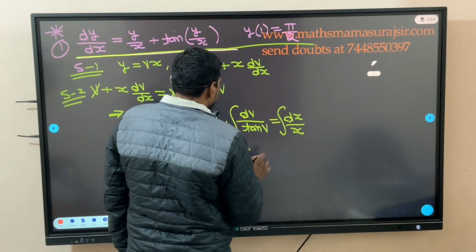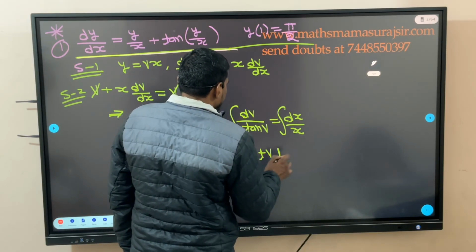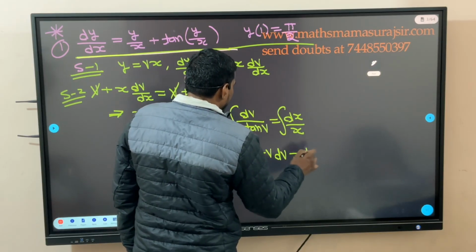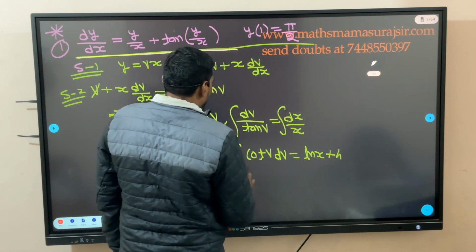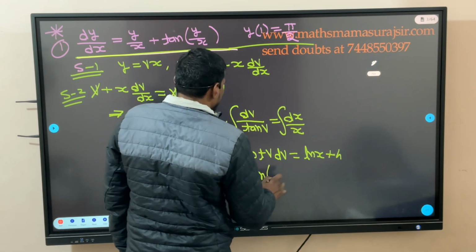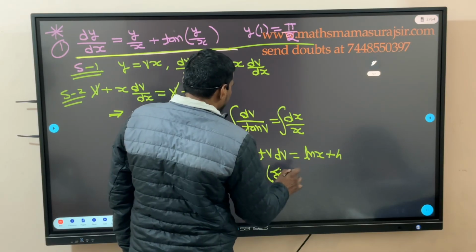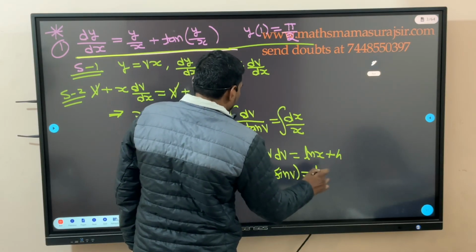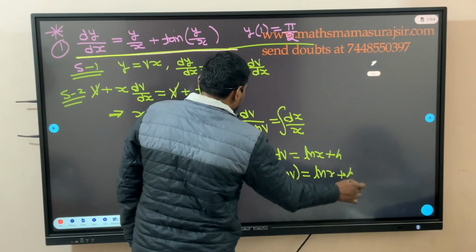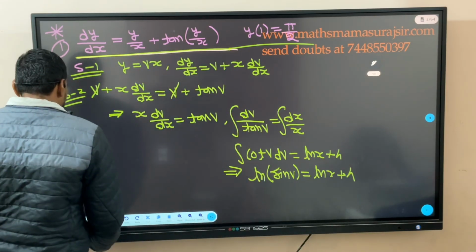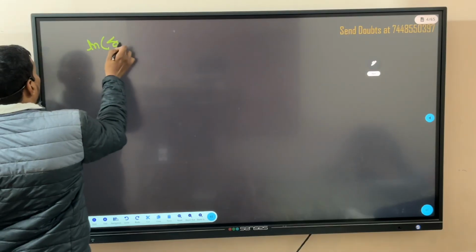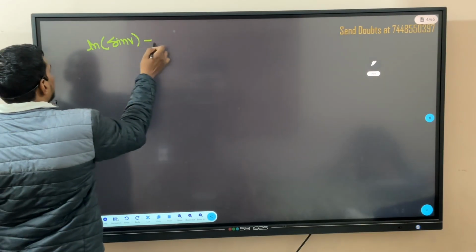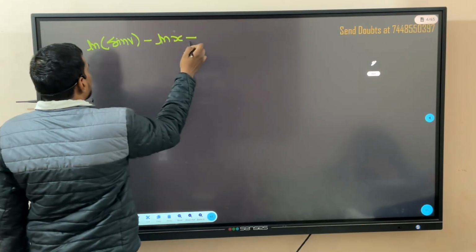Integrate. Integration of cot v dv, and here it is ln x plus lambda. The integration of cot is ln sin, so ln of sin v equals ln of x plus lambda. Next we write ln of sin v minus ln x equals lambda.